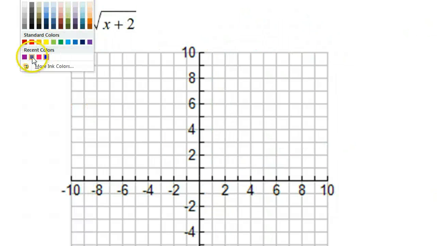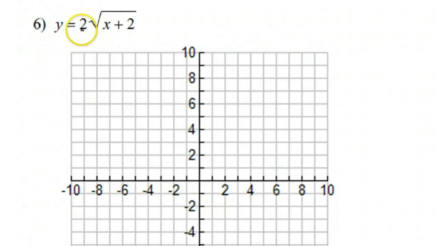Alright, so number 6 has an a value, the 2, a multiplier, a vertical stretch. So I'm going to make a new table of values for this one. But let's go ahead and say what the transformations are. This plus 2 on the inside is going to be a translation that is left 2.